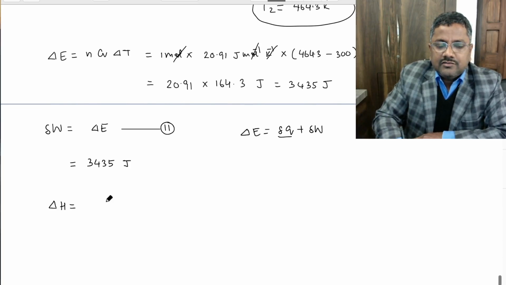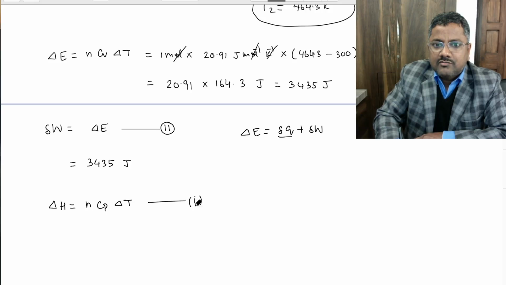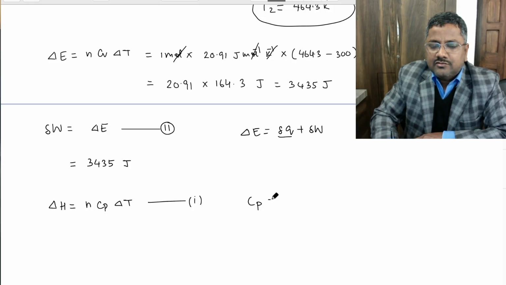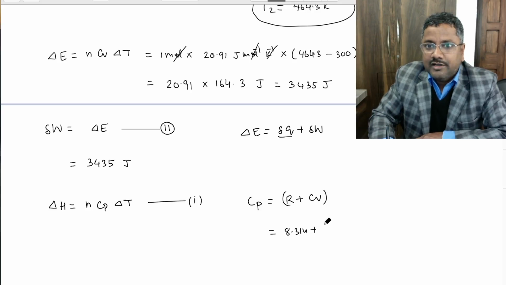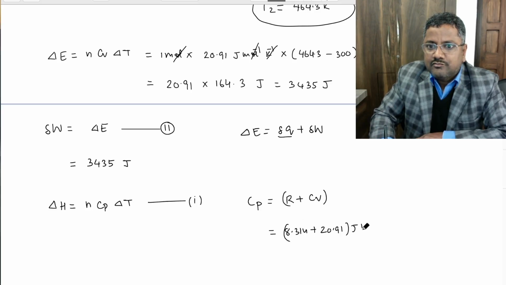And delta H is equal to n Cp delta T, right? This is the formula. Cp is equal to R plus CV. So this is 8.314 plus 20.91, which is 29.224 joules per Kelvin per mole.